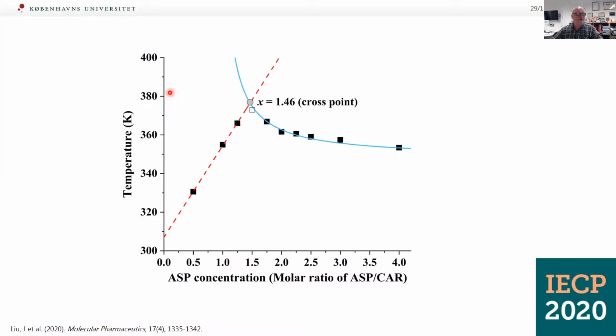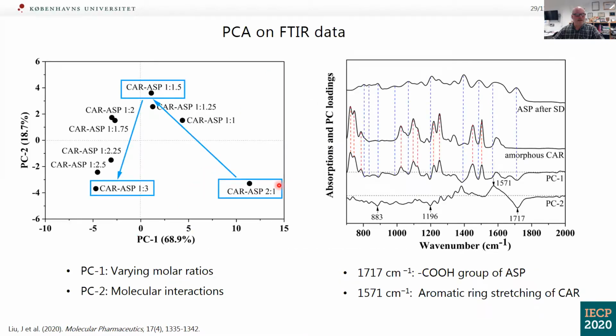That is interesting. And if we are looking at this even more carefully, we can fit functions to the low drug concentrations and to the high drug concentrations, and we get this crossover point roughly at 1:1.5 drug to amino acid. And if we're looking at the respective FTIR data, and we're doing a principal component analysis on the FTIR data of our co-amorphous systems, then for starters, we see that the first principal component almost looks like the spectrum of amorphous carvedilol.